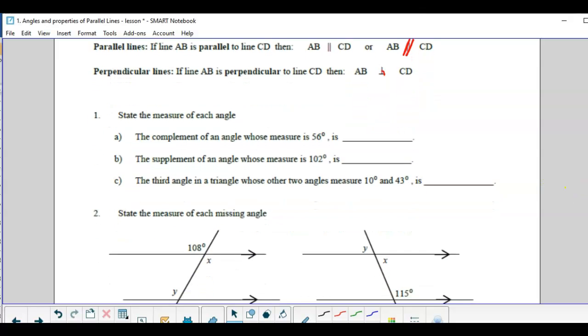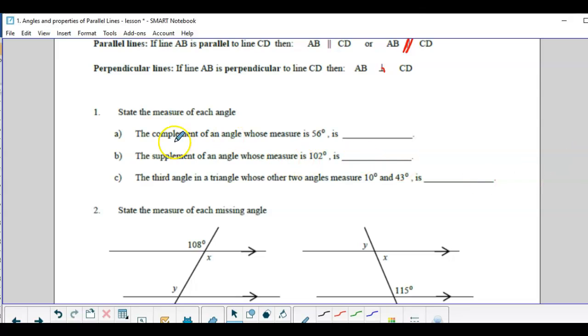So it says, state the measure of each angle. So we have to remember some of our properties. The complement of an angle whose measure is 56. So these add to 90 degrees. So this is going to be 90 minus 56, which will be 34. And supplement, they add to 180.